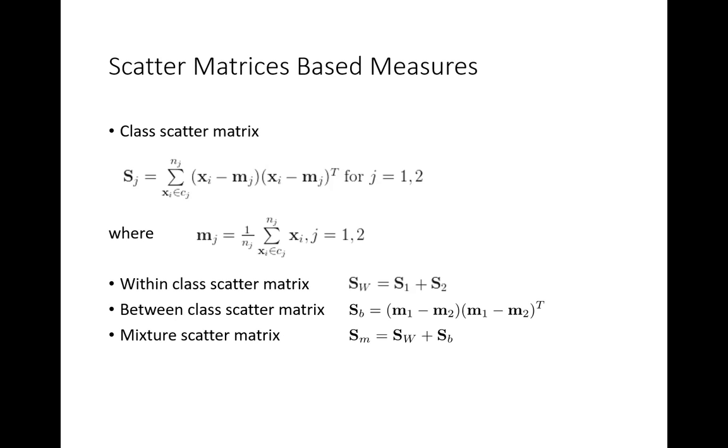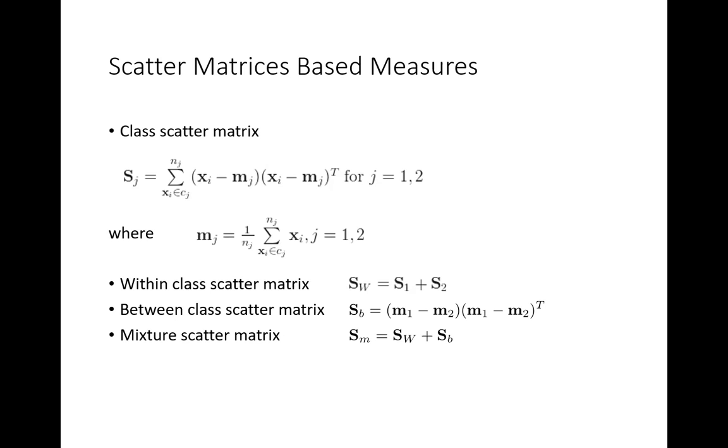And if you have only two classes, then for j1 and j2, you can define the respective formulas, all right? And then one can also define what we call a within class scatter matrix, SW, which is nothing but the sum of the two individual scatter matrices.